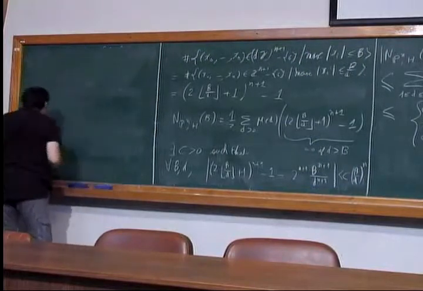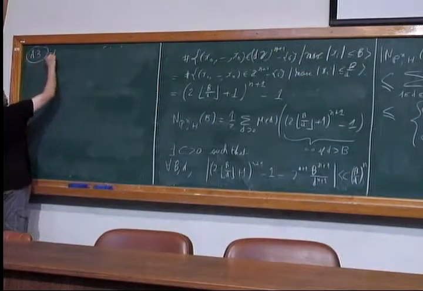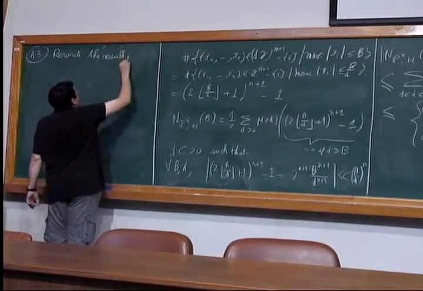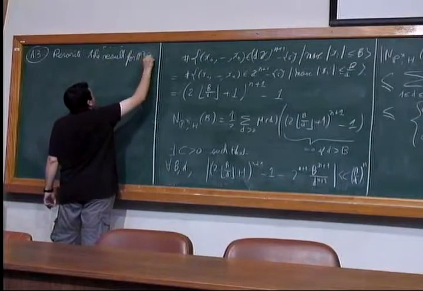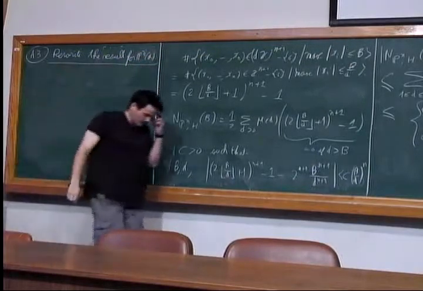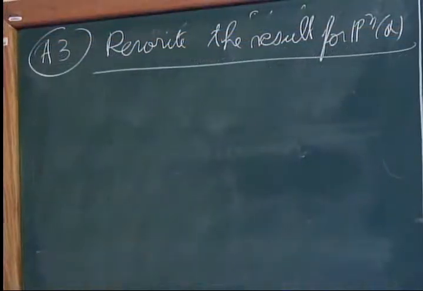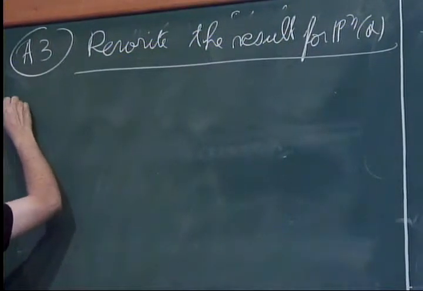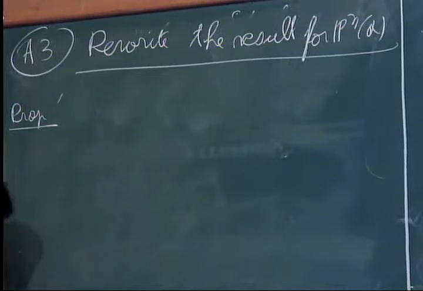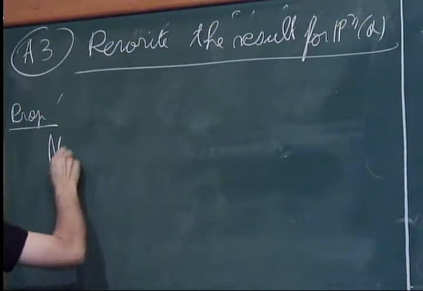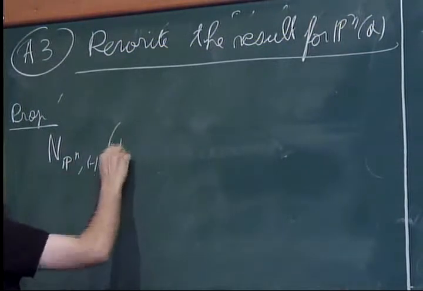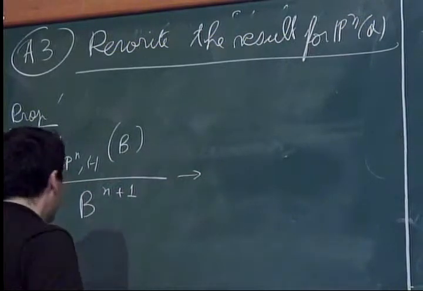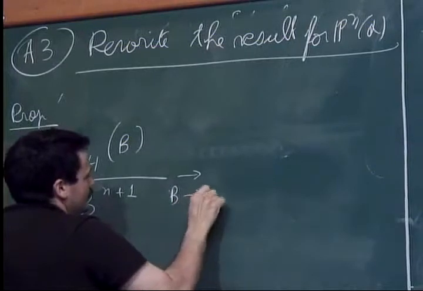So let me start by rewriting the result for Pn of Q. I won't make many changes, but I just want to write it in that way. Proposition prime. We have that the number of points of bounded height on the projective space for the height h, divided by b to the power n plus 1, goes to some constant as b goes to infinity.